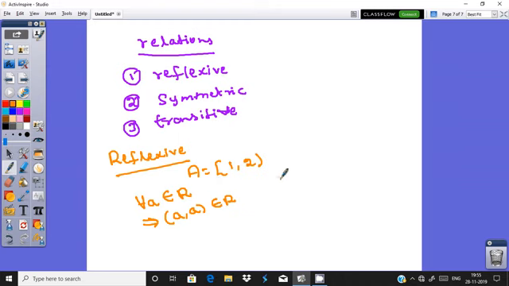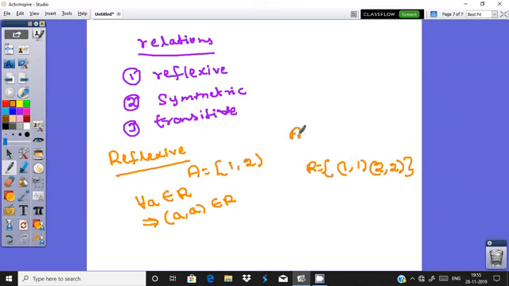In this case, I can say that this is a reflexive relation when you write R equal to (1, 1) and (2, 2). So this is called a reflexive relation.